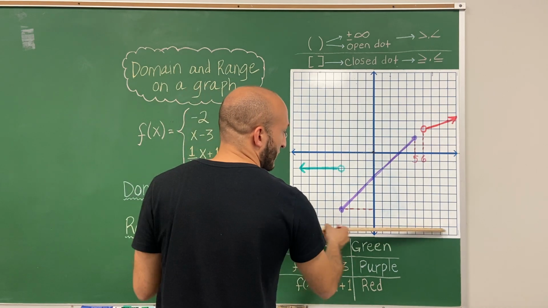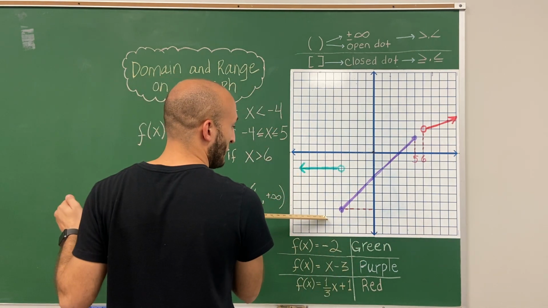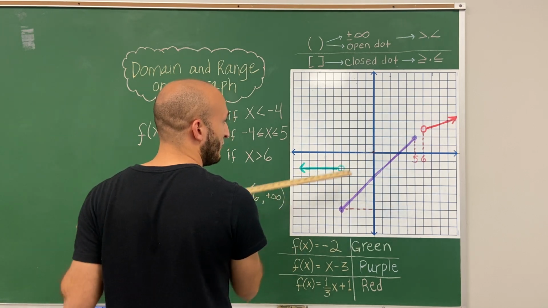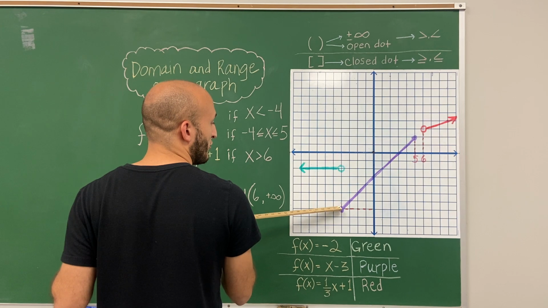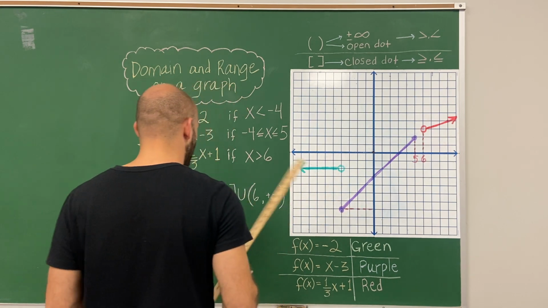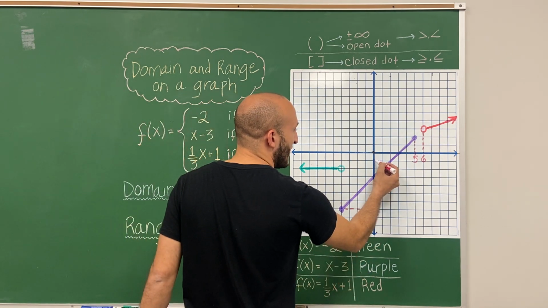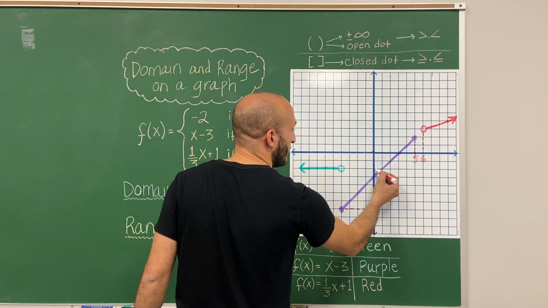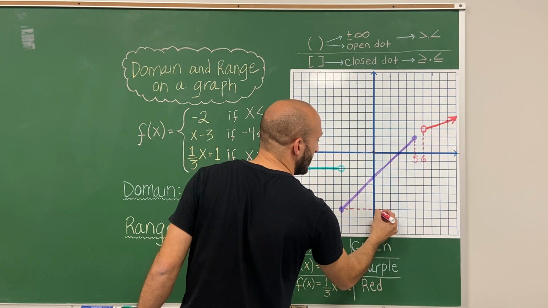Look, no point, and none of these point down. So I wouldn't run into any of these sub-functions until here. Here's a closed dot, there's an actual value, and I want to know at what y value we find that. That would be at -1, -2, -3, -4, -5, -6, -7. So this would be -7.